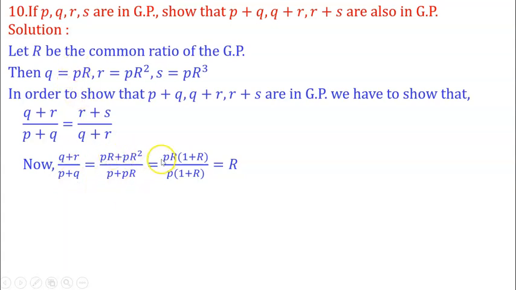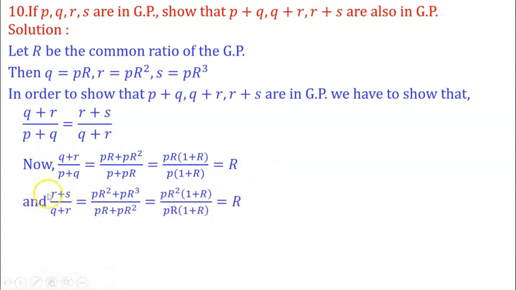Take pR as a common, then in bracket you will get here 1 plus R, upon p into in bracket 1 plus R. Here 1 plus R get cancelled, p p get cancelled, and hence the ratio is a capital R. Means what? The ratio of q plus r upon p plus q is a capital R.